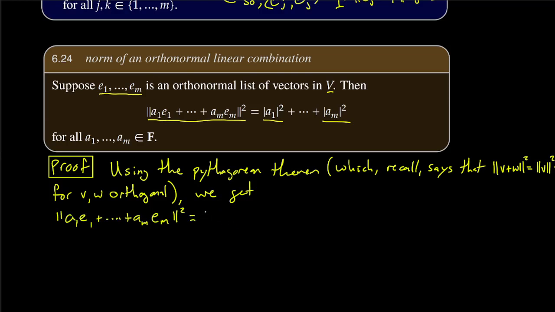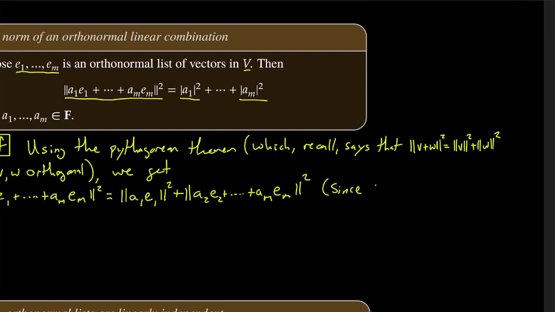Well, this is just the norm of A1 E1 squared plus the norm of A2 E2 plus all the way down through AM EM, squared, since the inner product of A1 E1 with A2 E2 plus all the way down through AM EM is zero. This guy, I will write vertically here, which is maybe not ideal, but I'll do it anyway.